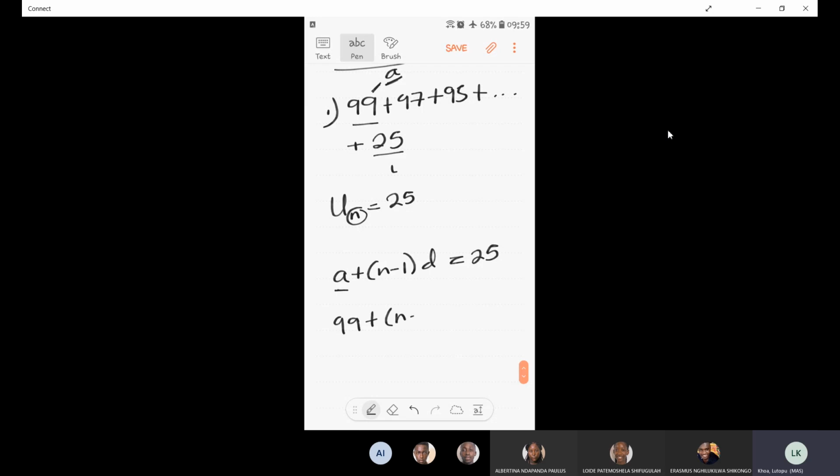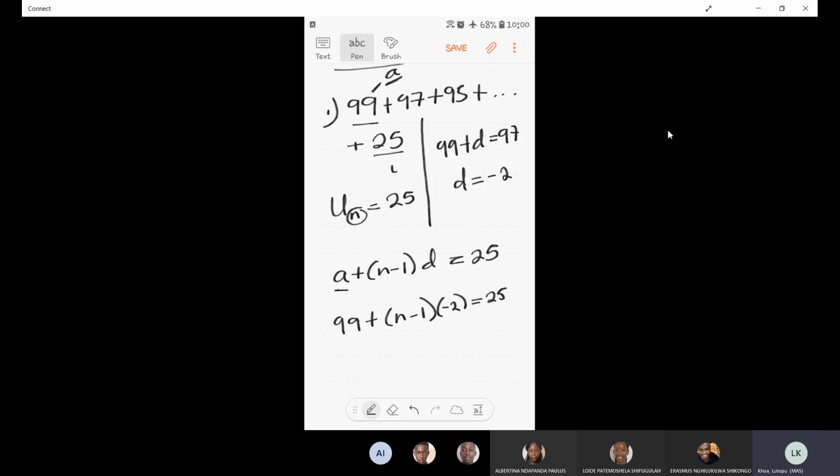And then n minus 1. Now d: we know that 99 plus d is equal to 97. This means that d is equal to negative 2. So here I have negative 2, and this is equal to 25.